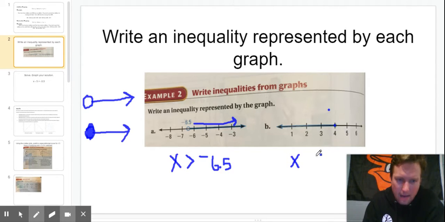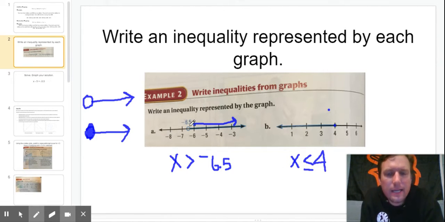But not only that, because the point is closed, we're going to say not only less than, but it also includes or could equal 4. So on this side, it's saying x is greater than negative 6.5, any number greater than. On this side, for letter B, x is less than or equal to 4.